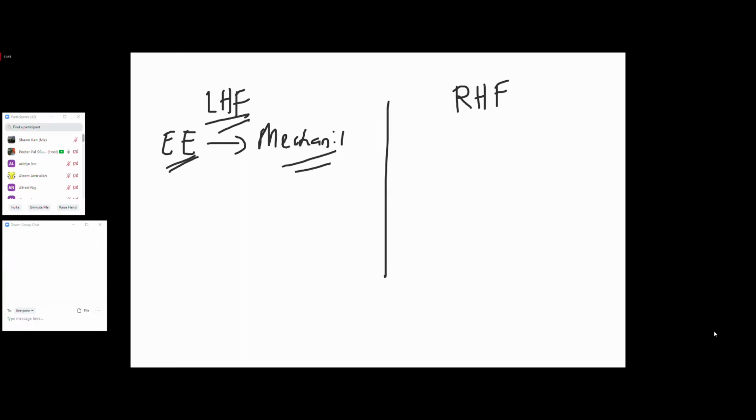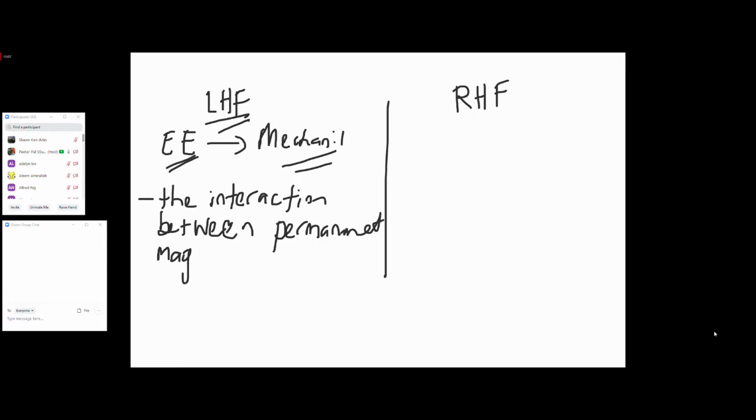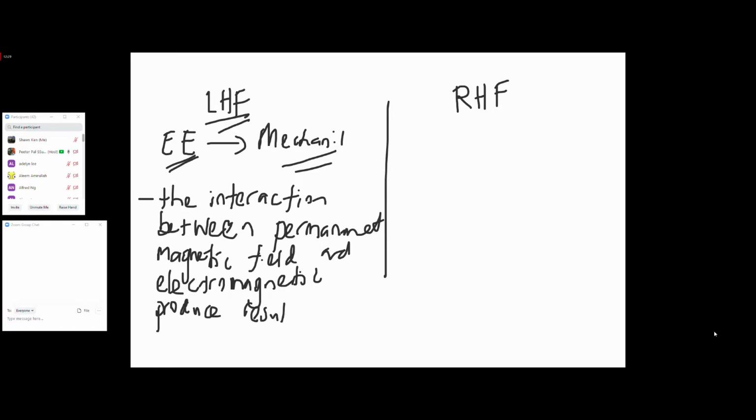What happened here is that the interaction between permanent magnetic field and electromagnetic field produces what? Produces a resultant force. This is left-hand Fleming's rules.